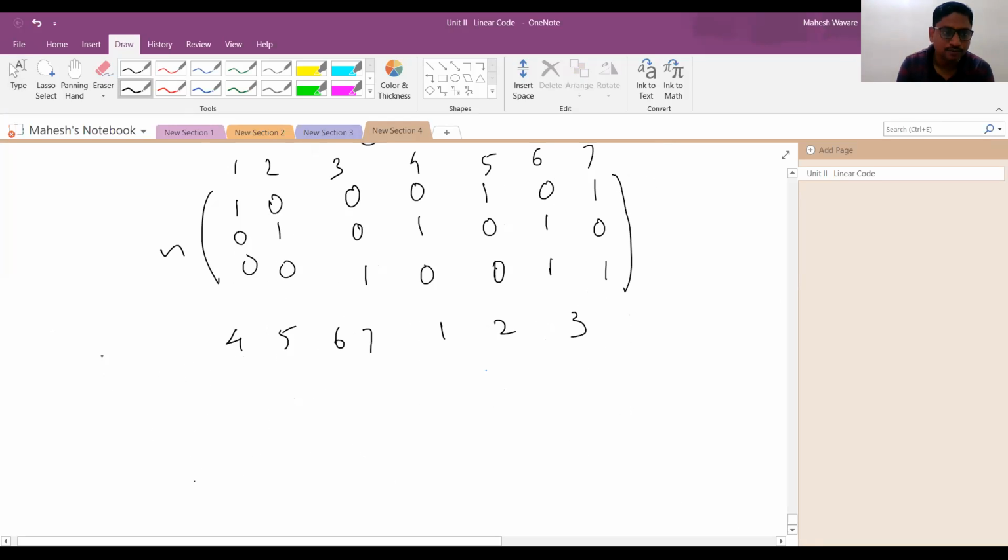So I'm writing H equal to. Now this is H dash. It's not H dash, this is not H. I'm writing H equal to: the fourth column is 0, 1, 0. The fifth column is 1, 0, 0. The sixth column is 0, 1, 1. The seventh column is 1, 0, 1. And write I3 as it is.